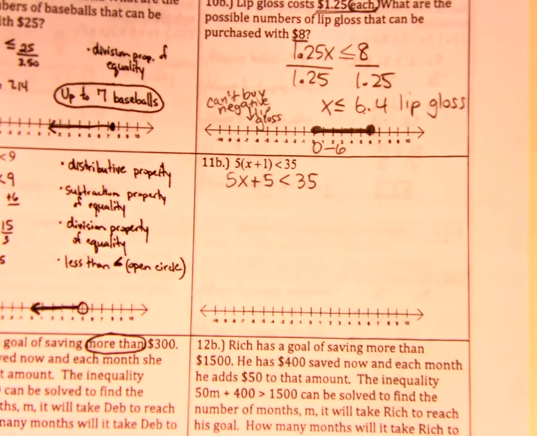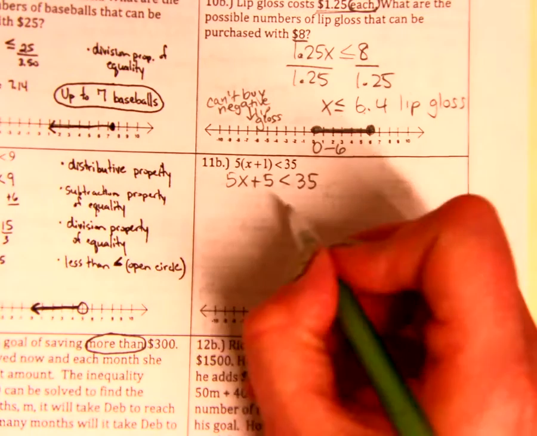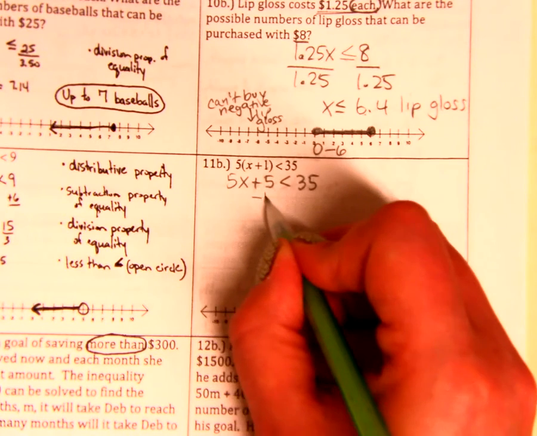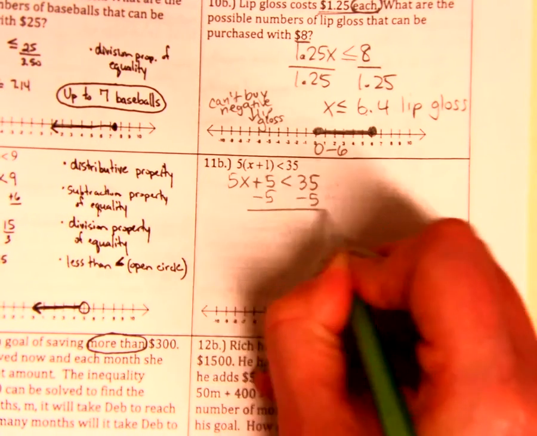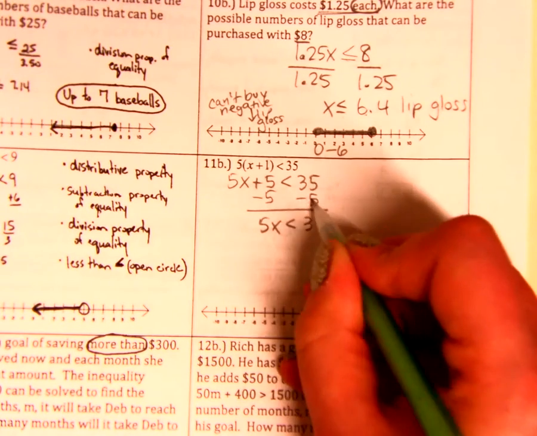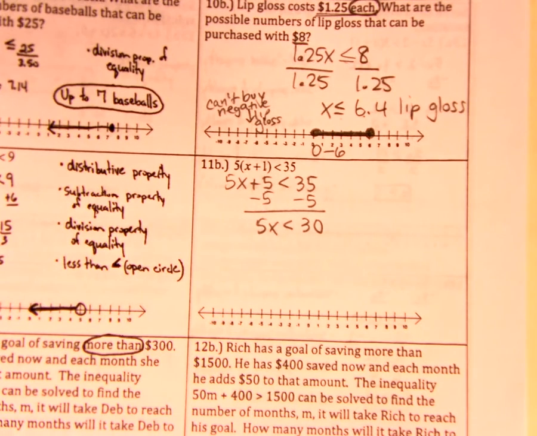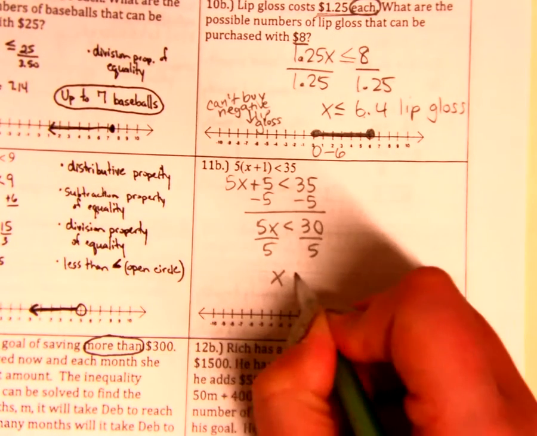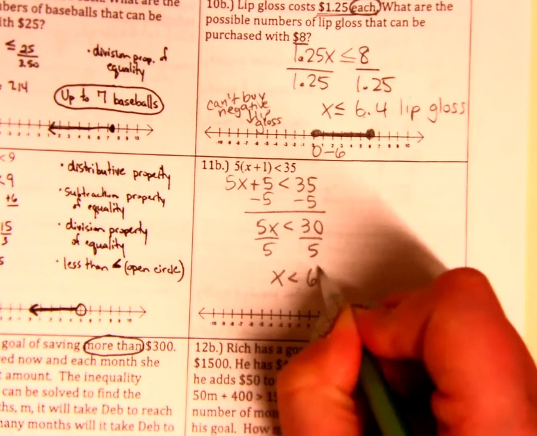Okay, so we've got 5x plus 5 equals 35 right now. Going to try to get x by itself, so we're going to have to subtract the constant, which is going to be 35 minus 5 is 30, and then divide by the coefficient, which is positive, so we're not switching any signs, which is great. 30 divided by 5 is 6.